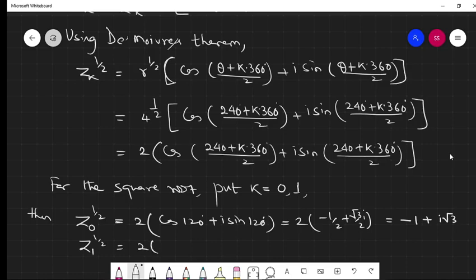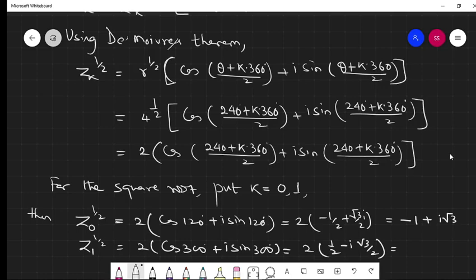And z1 equals 2 times, with k equal 1, 360 plus 240 is 600, by 2 is 300, cos 300 degrees plus i sin 300 degrees, equal to 2 times 1 by 2 minus i root 3 by 2. At 300 degrees sine is negative and cos is positive.